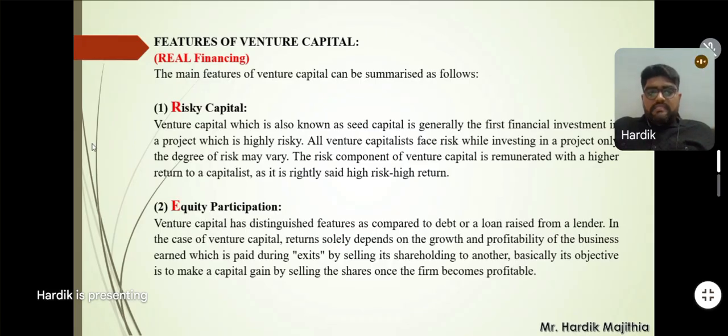In this case, the venture capital returns solely depend on the growth and the profitability of the business earned, which is paid during exit by selling its shareholding to another. Basically, its objective is to make a capital gain by selling the shares once the firm becomes profitable.